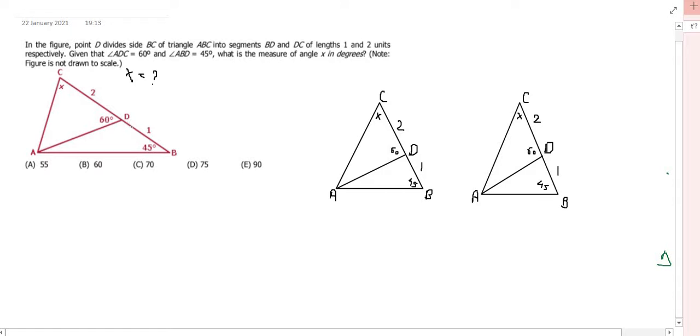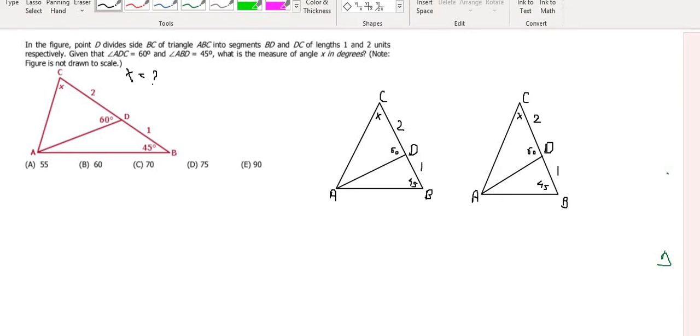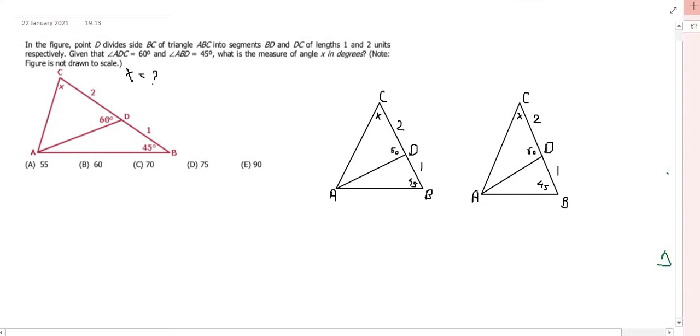Alright, so before moving on, let us first try to conclude as much as we can from the given information. What all can you conclude from here? The very first thing that you can conclude is this angle. This entire angle is 180 degrees, right?